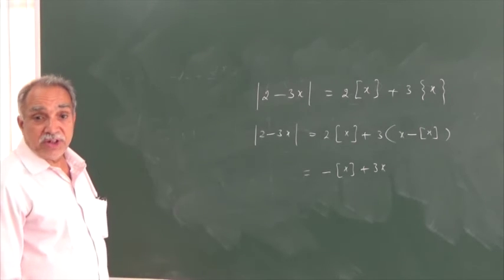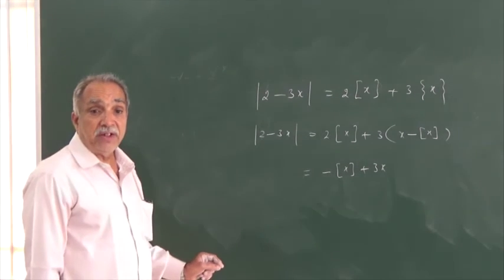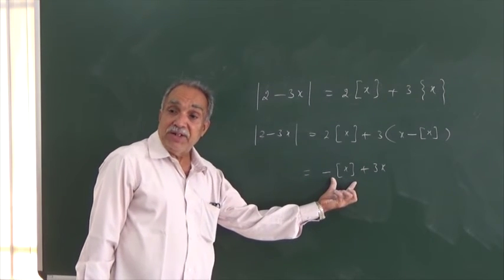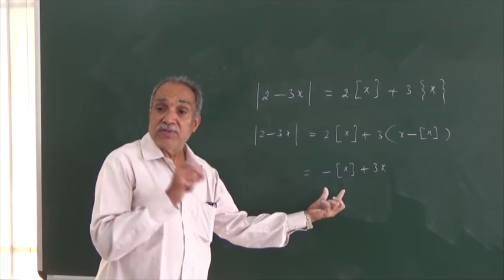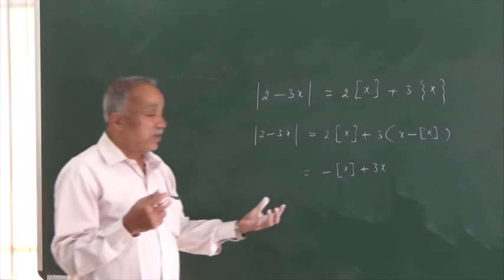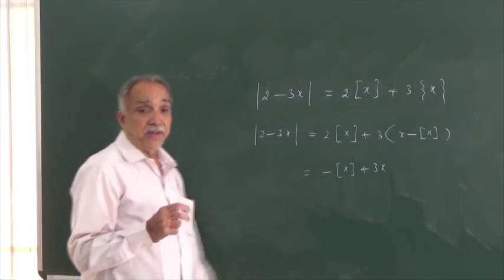Now, usual procedure, you are required to solve an equation involving integer part. Method will be isolate this integer part, apply the conditions. Integer part always lies between x minus 1 and x, including x, excluding x minus 1. Try to obtain some restrictions on possible values of integer part.